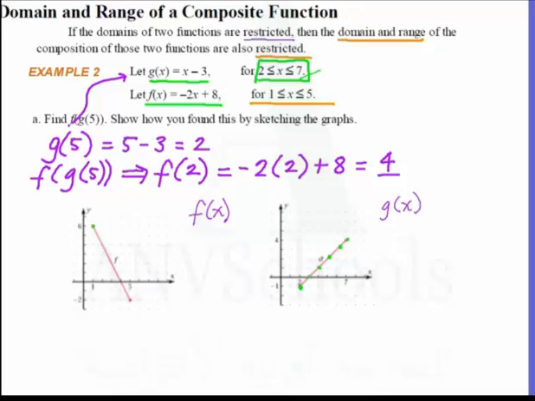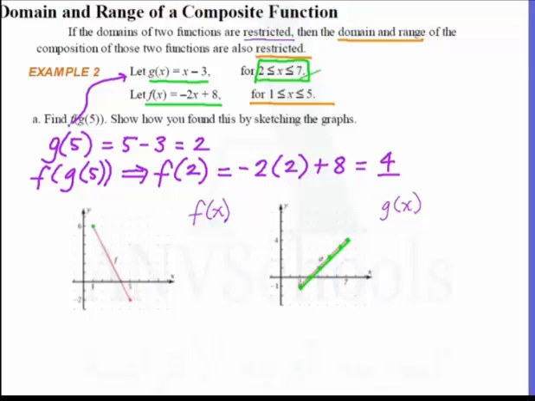So we have a linear graph, we have to connect all of the points, from here up to the last point. Okay, so this is the graph for g of x with restricted domains from 2 to 7.